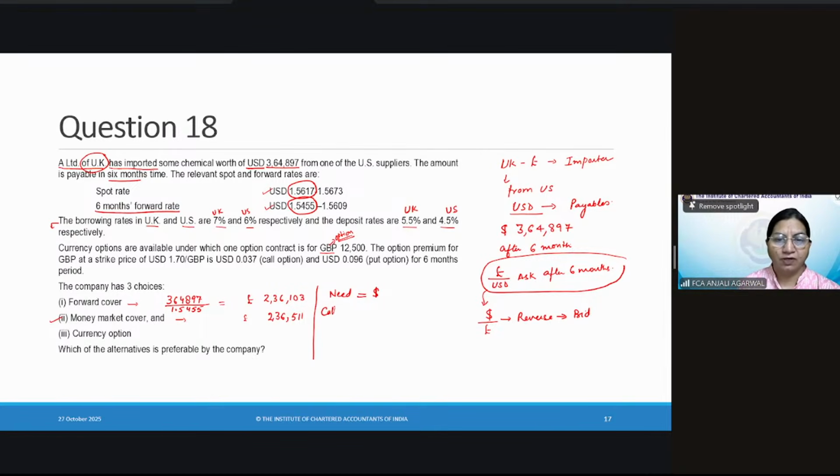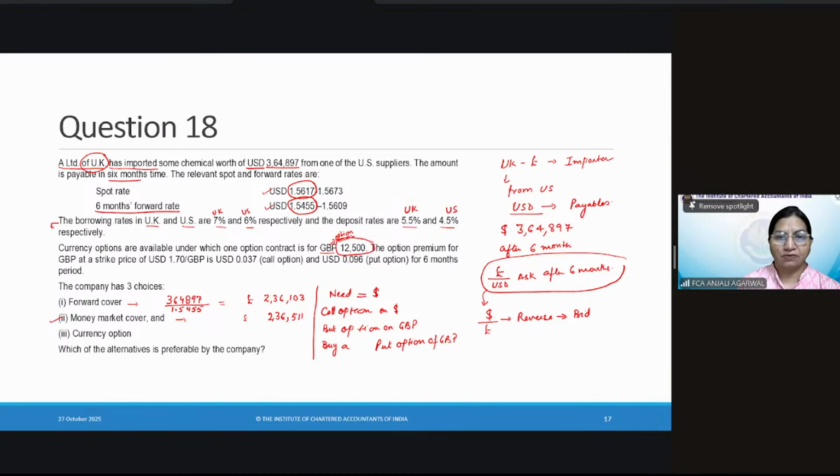So we would have gone for a call option on dollars, but the option is available on pounds, so we will buy a put option. So if you buy a put option, what will happen? You can sell your pounds and you will get the dollars.